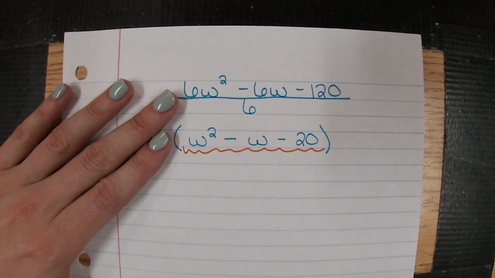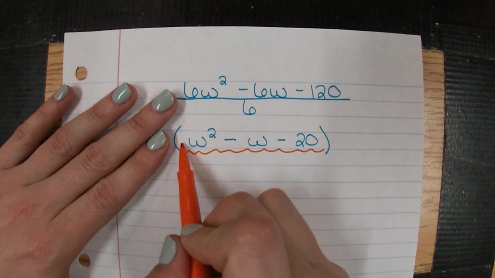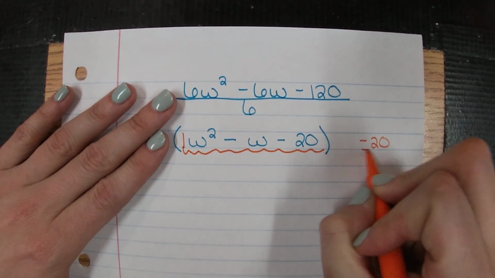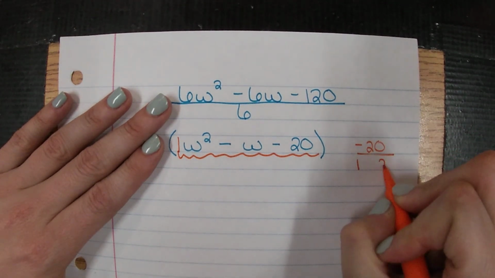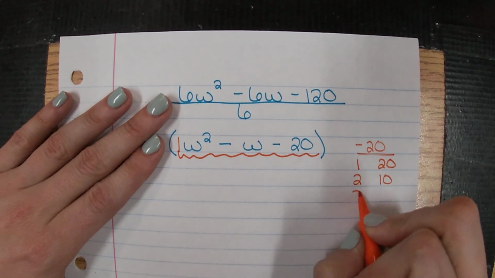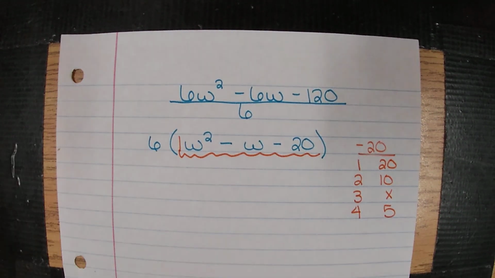Okay, this is a trinomial. How do we factor trinomials? A times C, so 1 times negative 20. So we'll make our list. 1 and 20, 2 and 10, 3 and nothing, 4 and 5.